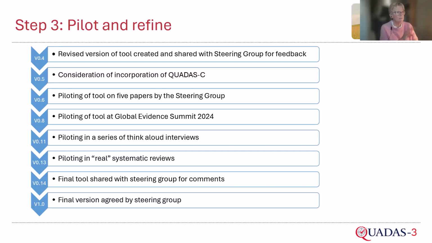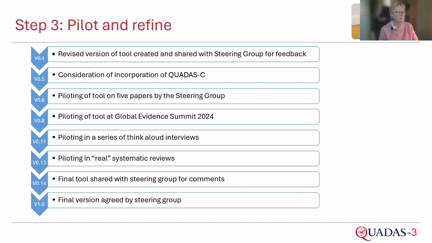So at the moment, QUADAS-3 does not include QUADAS-C, a separate tool for situations where you have comparative primary studies of test accuracy. We piloted QUADAS-3 on 5 papers with the steering group, and those 5 papers are now available as worked examples on the QUADAS-3 website.